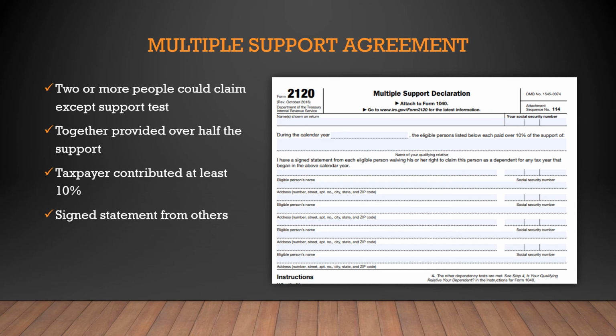If together those people provided over half of the support, and the taxpayer who's looking to claim this person contributed at least 10% of that, and they have a signed statement from all the others in this agreement that they are not going to try to claim this qualifying relative this year, then it is possible for our taxpayer to claim this person as a qualifying relative, and they would file with their return Form 2120, the Multiple Support Declaration.